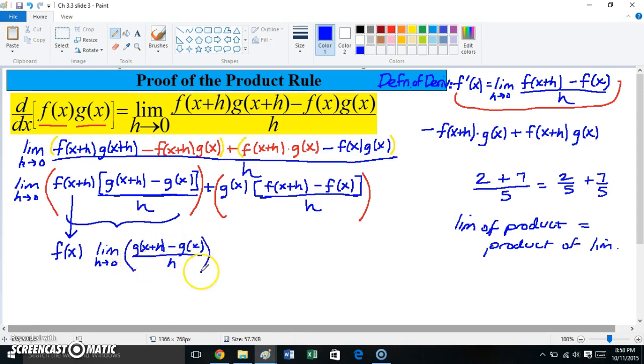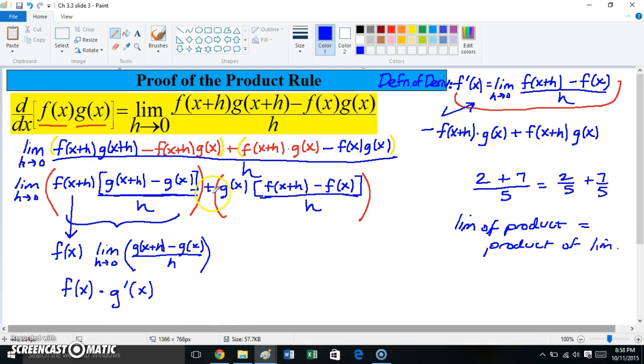Well, that looks a lot like the definition of derivative. Up here in the corner, we have the definition of derivative: f prime of x is the limit of f of x plus h minus f of x over h as h approaches 0. So what we're looking at here is the limit of g of x plus h minus g of x over h as h approaches 0, and that is g prime of x.